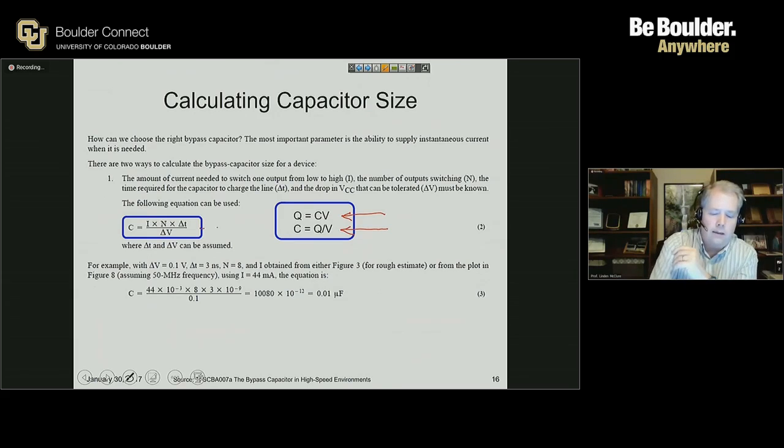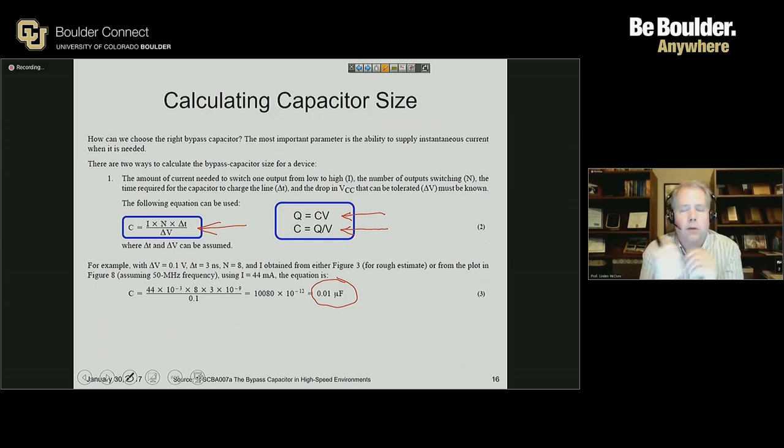The equation in the left blue box is basically the same form as the equation in the right box, where I times N times delta T gives you an amount of charge, and then you divide that by the delta V, the acceptable change in your VCC rail, and that gives you a calculation for capacitance. In this example, they worked it out to a decoupling capacitance value of 0.01 microfarads.